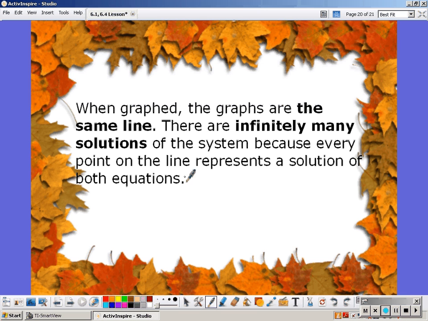Okay? What if you graph 2 lines and it turns out they're exactly the same line? So basically you graph the same equation twice. Okay, so here's a graph, and you do the first line, and then you do the second line, and it happens to be the same exact line. Well, that means that they share every single point.